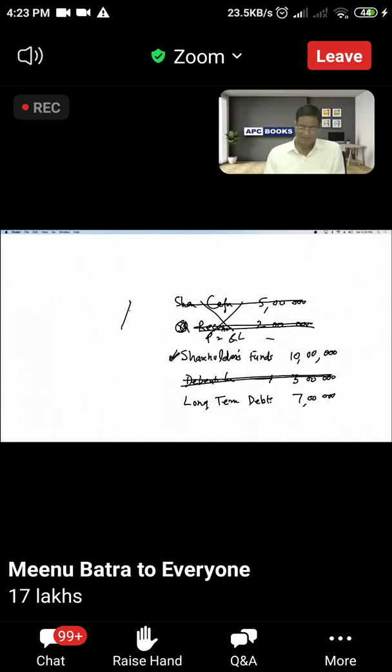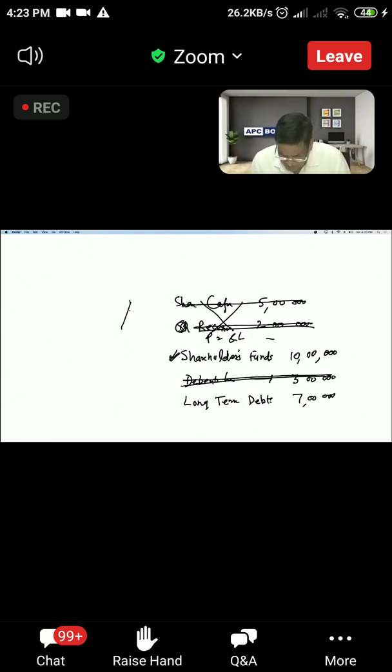However, suppose I add one more point in this. Non-trade investment, 1 lakh. Trade investments, 1,50,000.